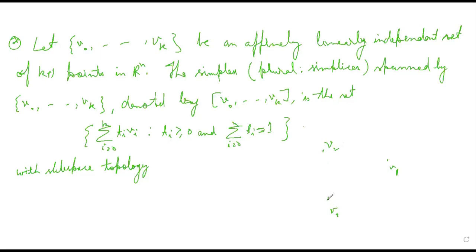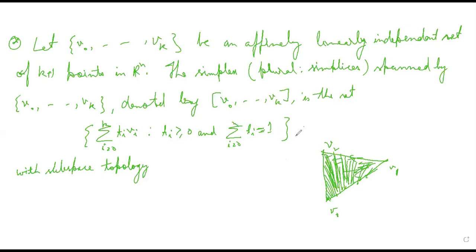Then you can verify that the simplex, so these 3 points, will be in general position. So we can verify that the simplex spanned by these is nothing but this triangle, whose vertices are V0, V1 and V2. This we can verify.